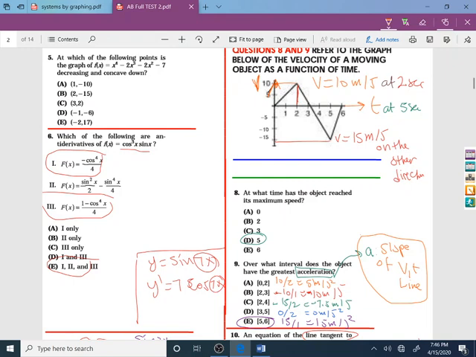From 2 to 3, it's a negative slope. This guy is positive, and this guy is negative. I'm going to mark the positive in red and the negative in blue.